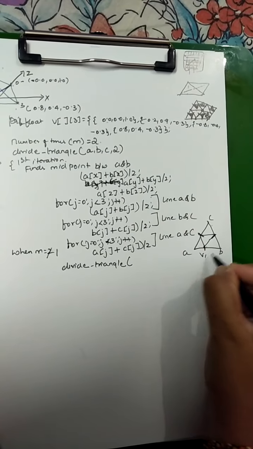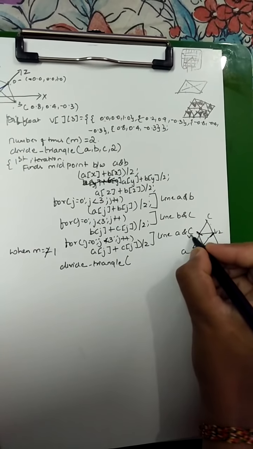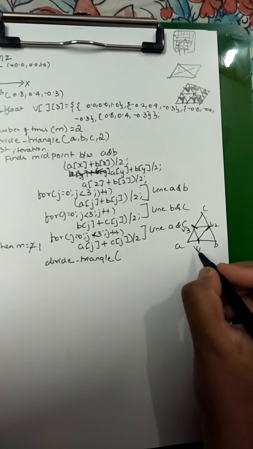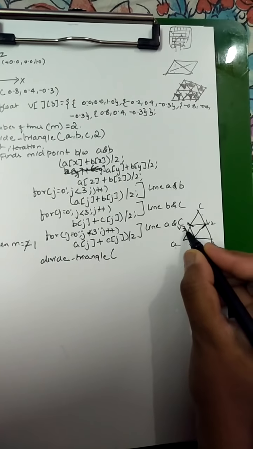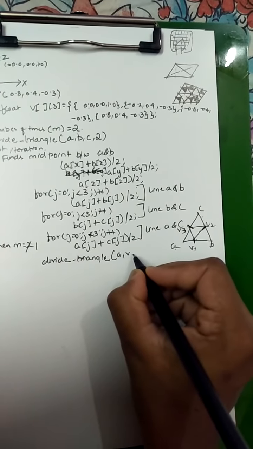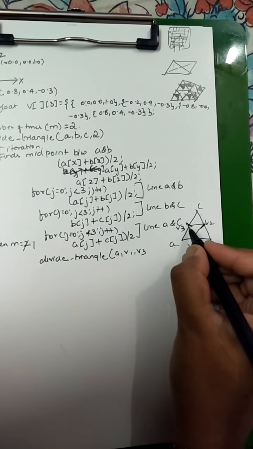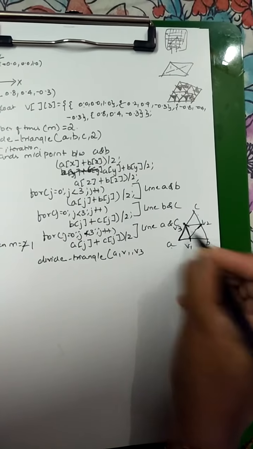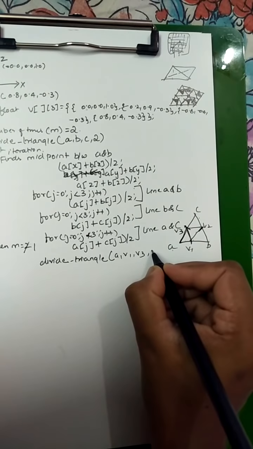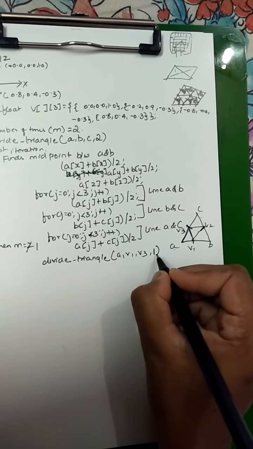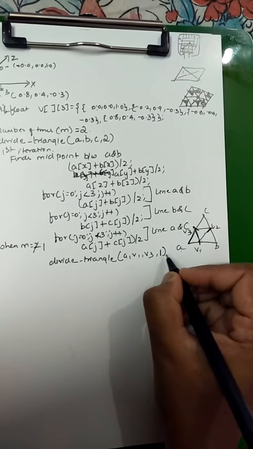Take this as V1, V2 and V3. So I have to pass A, V1, V3. A, V1, V3. This triangle. So I have to perform only one more iteration.